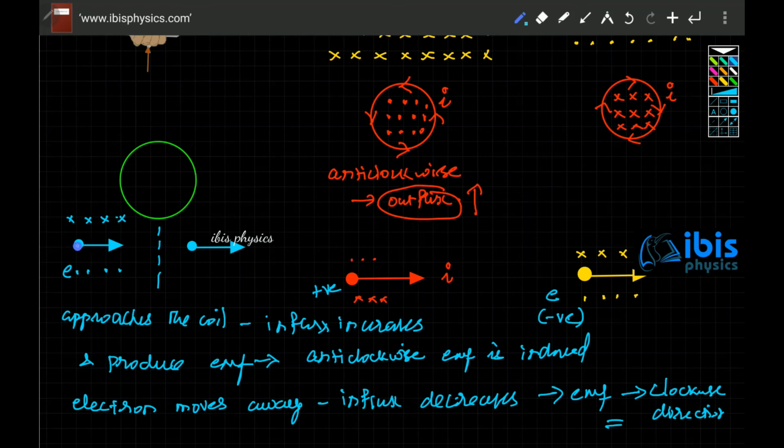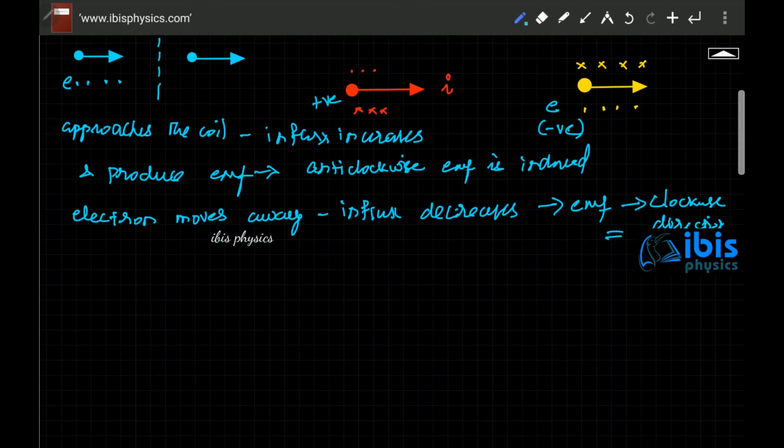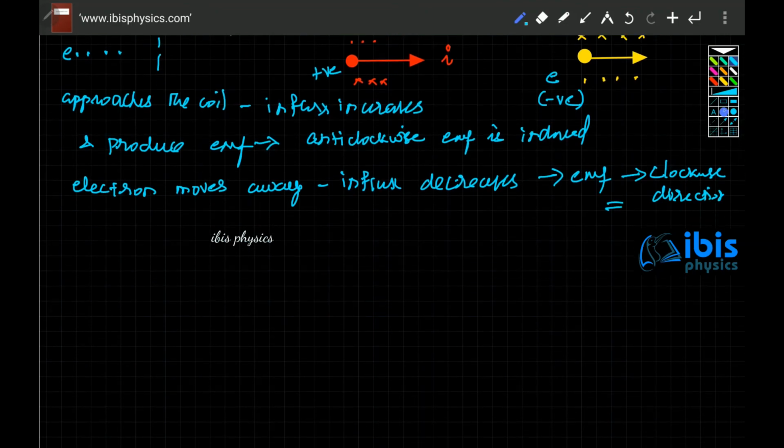If it were positively charged, when the positive charge approaches the coil, first clockwise current will be induced. When the positive charge leaves the coil, anti-clockwise is produced. So let us summarize this. Suppose you have a coil. Let us assume that it is a positive charge.